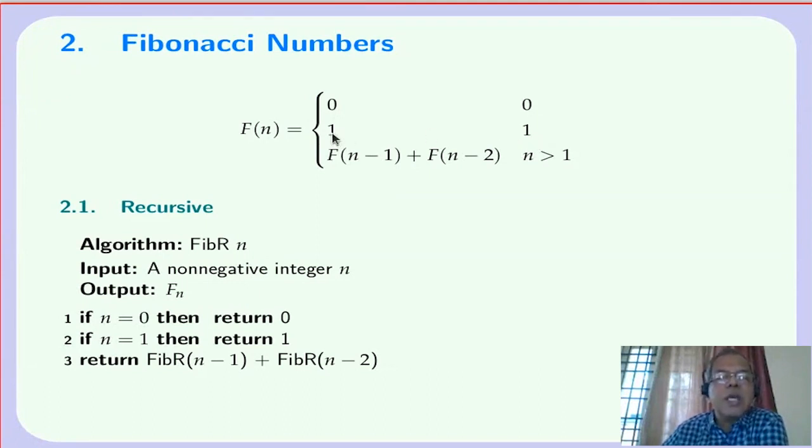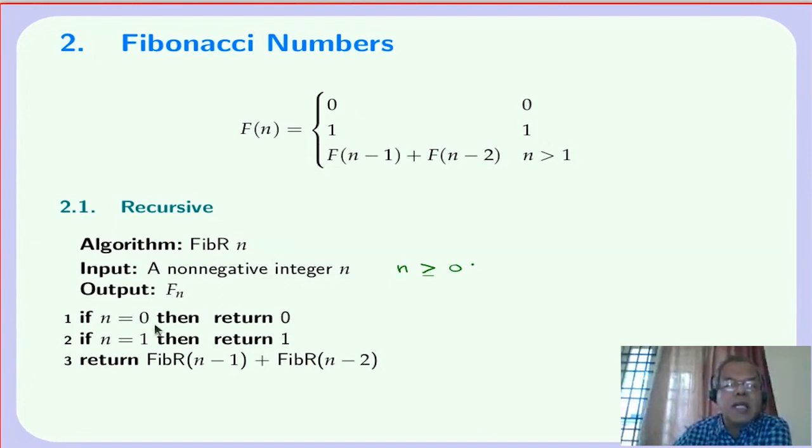This recurrence relation can be directly translated into a recursive algorithm as shown here. Algorithm fib recursive. It takes one argument n. Input is a non-negative integer. N is greater than or equal to 0. It can never be negative. Output is the nth Fibonacci number f of n.